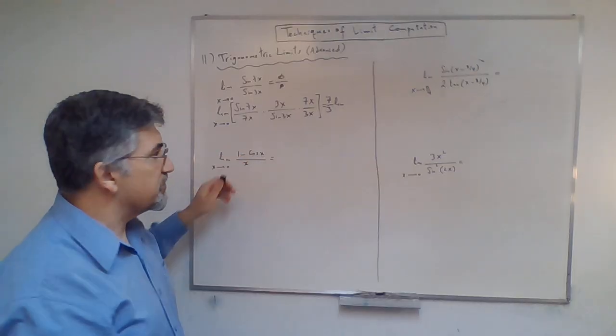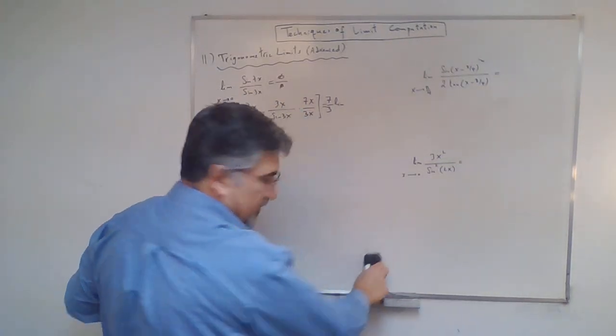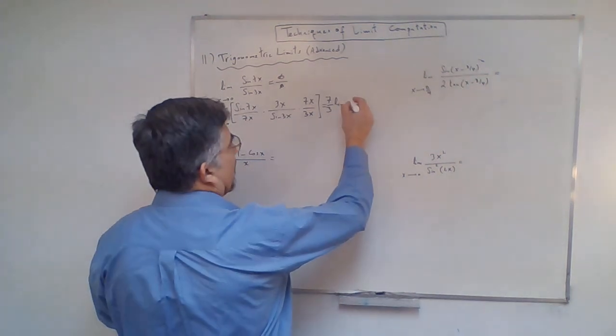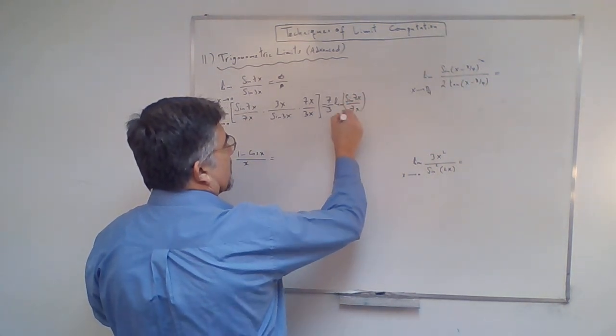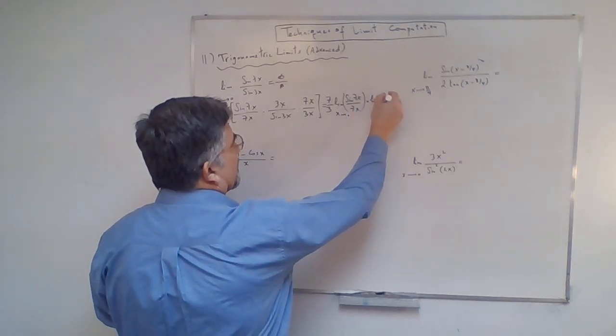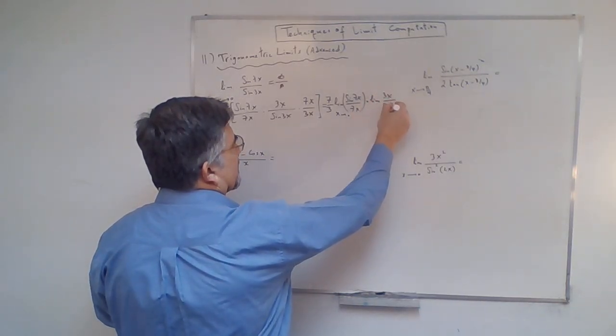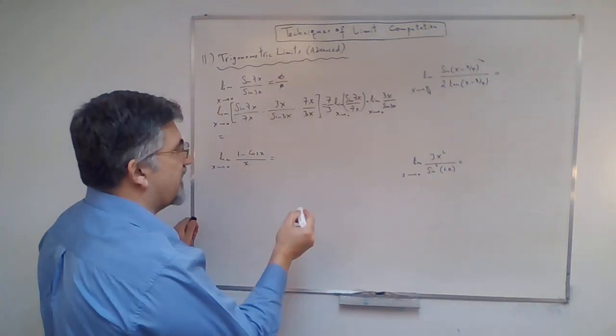So this is the limit of sine of 7x over 7x when x approaches 0, times another limit of 3x over sine of 3x when x approaches 0.